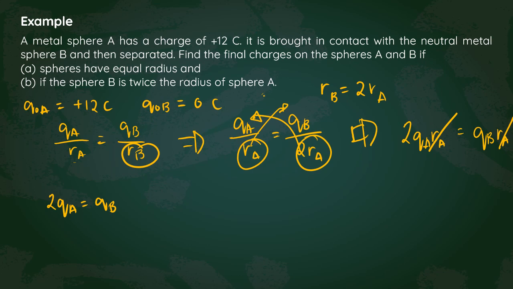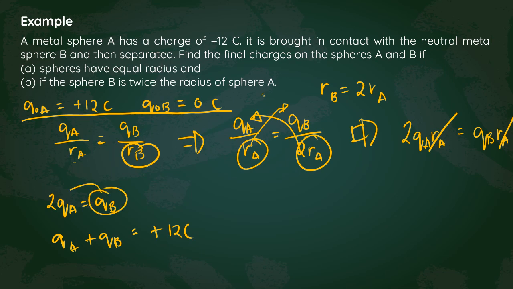Now, since the total charge of the isolated system is still QA plus QB equal to positive 12 coulombs, if we substitute what we have established, that QB is equal to 2QA, then we get QA plus 2QA equals positive 12 coulombs. That's 3QA equals positive 12 coulombs.